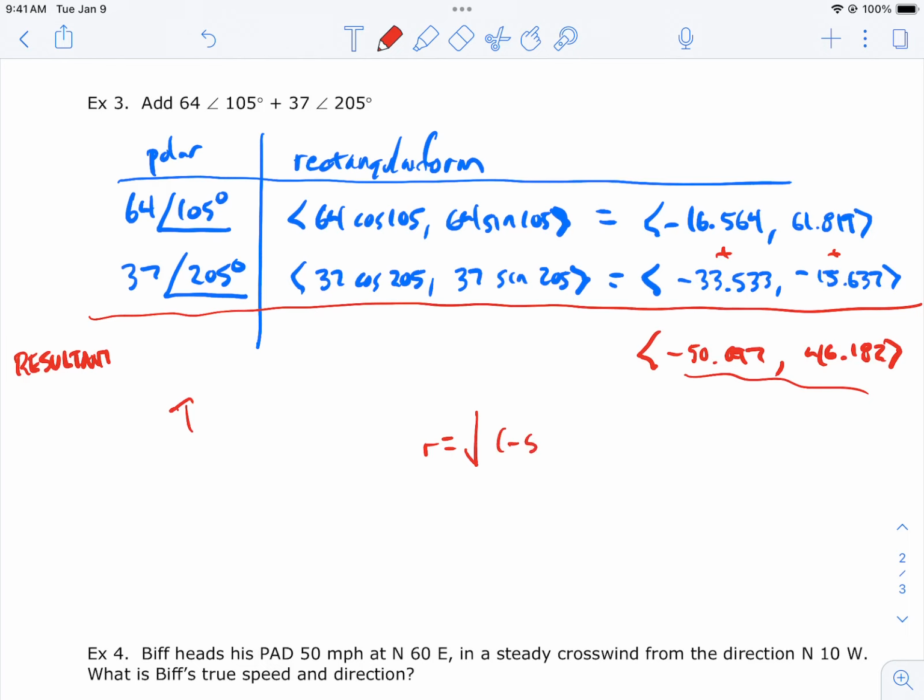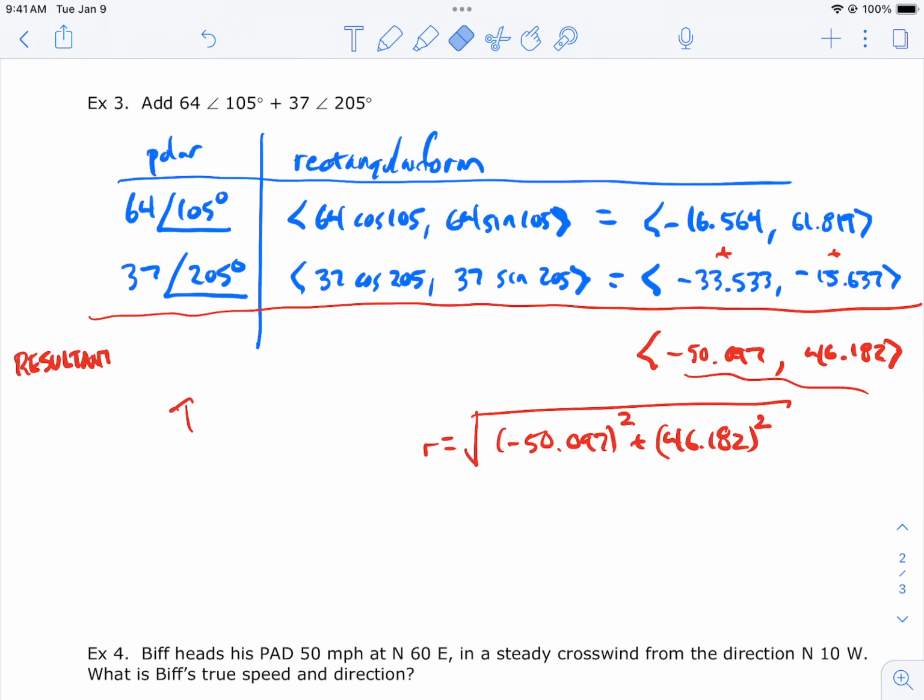Now here's something to be aware of. To square a negative is to get a positive, right? So that means that this negative, really, we should have this parentheses here. Now, I've seen this happen a lot. I'm going to show you the wrong answer first. I'm going to type negative 50.097.